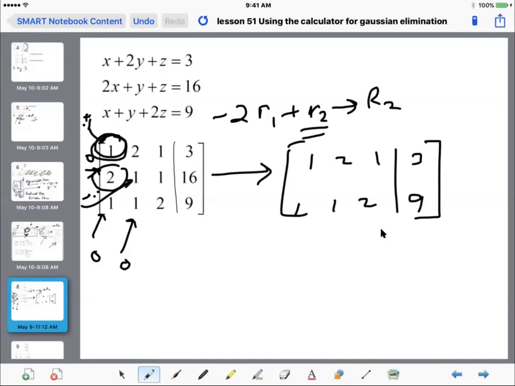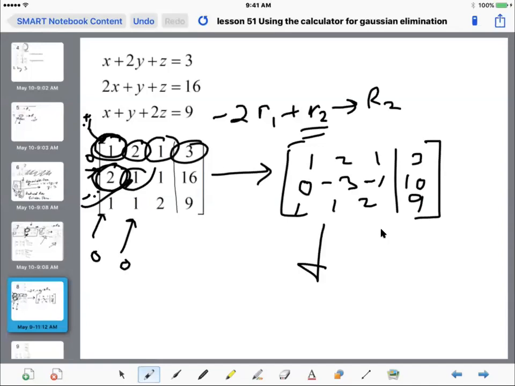-2 times 1 is -2 plus 2 is 0. -2 times 2 is -4 plus 1 is -3. -2 times 1 is -2 plus 1 is -1. -2 times 3 is -6 plus 16 is 10. Now I'll just make the arrow going downward.